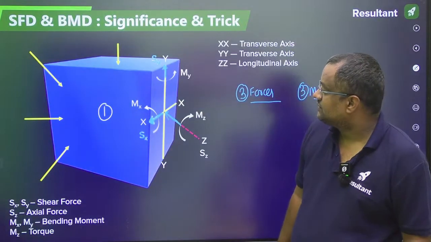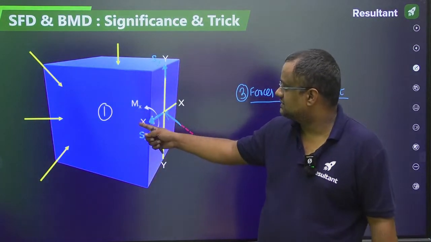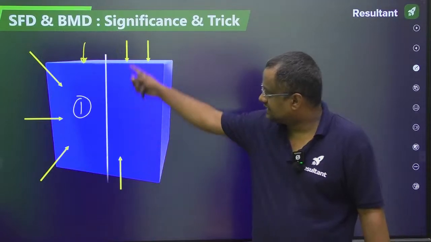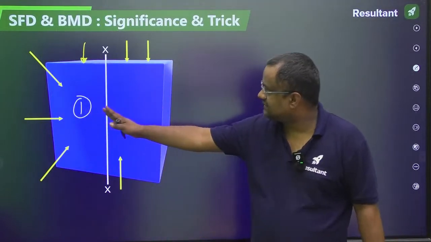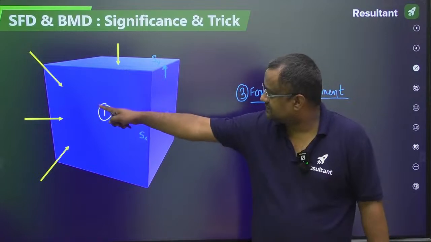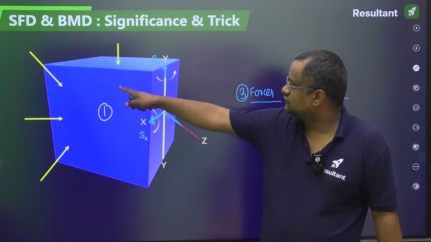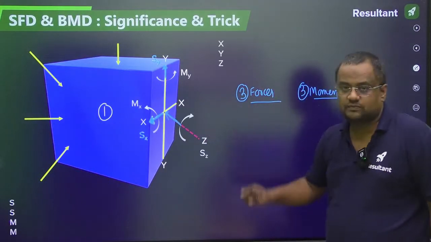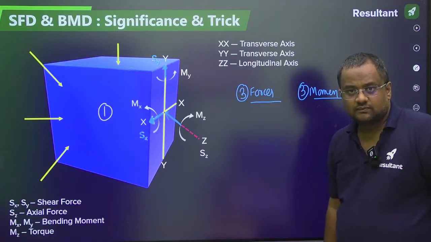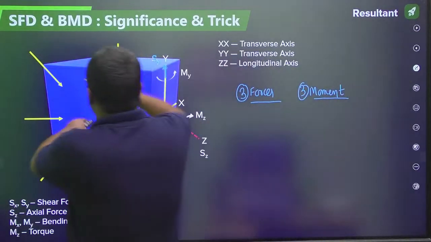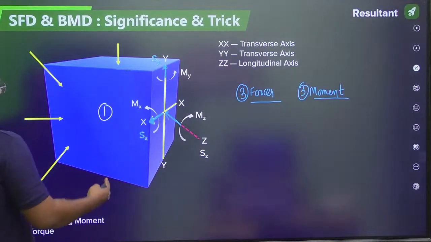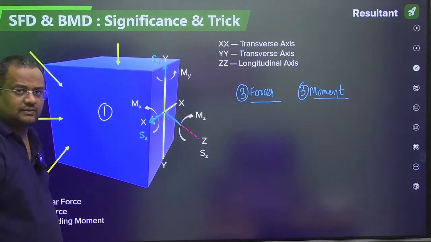Similarly, when I cut this beam from here, see the left hand side part. Similarly, for all these forces, Sx, Sy, Sz should be coming for balancing, because here loading is coming in every direction. Maybe some moments are also coming.